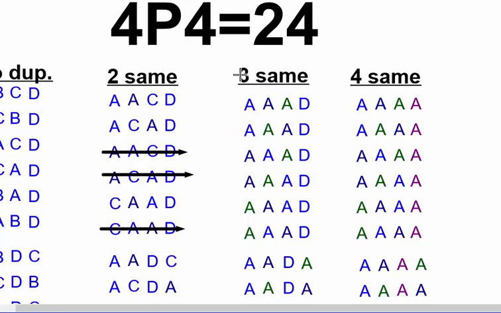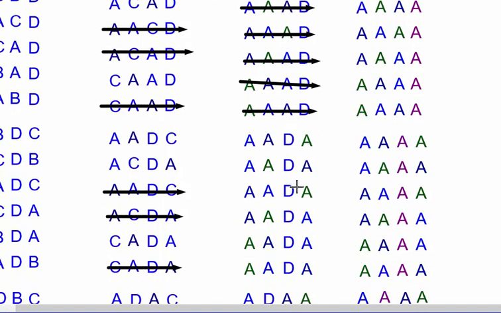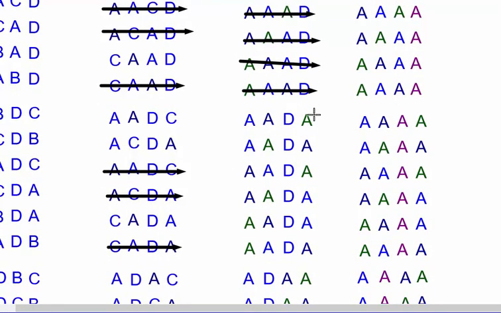So in this case, I have 3 of my objects being the same. I see AAD, and then I've already got an AAD, and again, I've already got an AAD, and so on. So essentially, out of this first group of 6, I've eliminated 5 of them. I'm down to 1/6 as many. And then we see the same sort of thing, AADA. Well, that's new. Oh, but wait a minute.